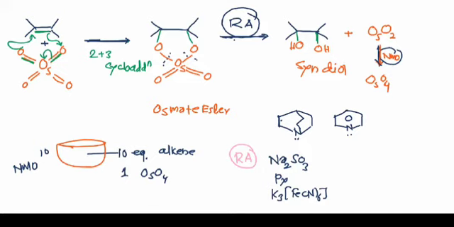Various solutions are used to break it. Generally, lithium aluminum hydride is one of the best reagents used for breaking that osmate ester.